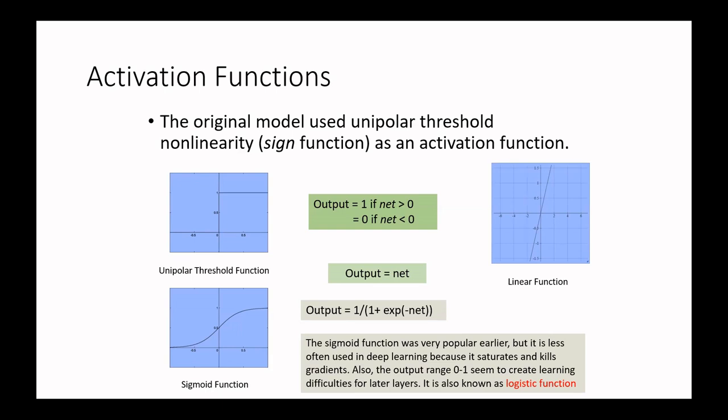The function that was popular, and is still popular to some extent, is known as the sigmoid function. The sigmoid function looks like an S curve. For a highly negative value, the value of the function is 0, and for a highly positive number, the function value is 1.